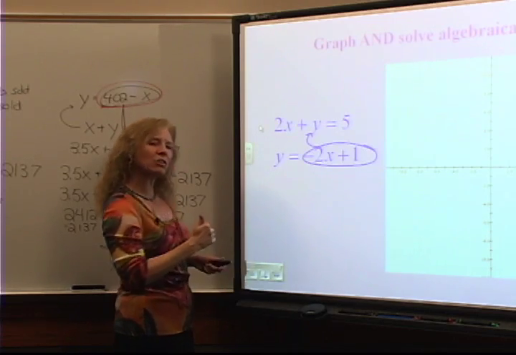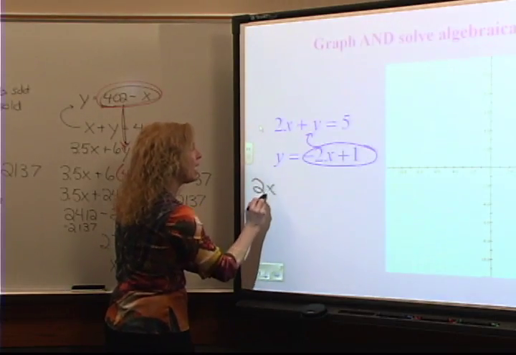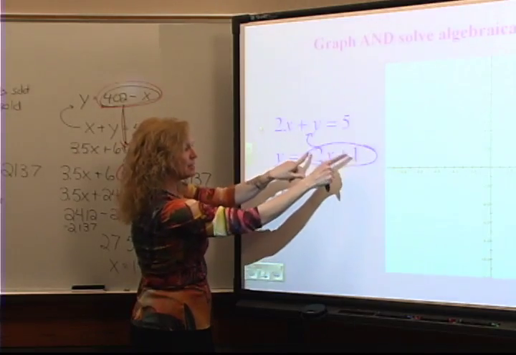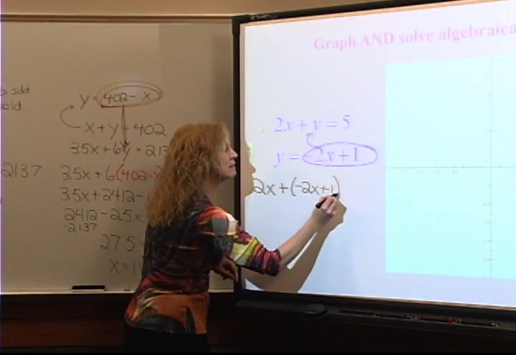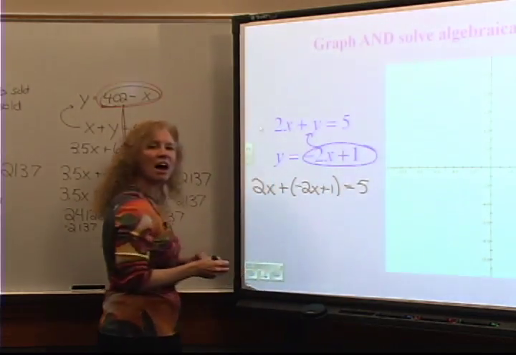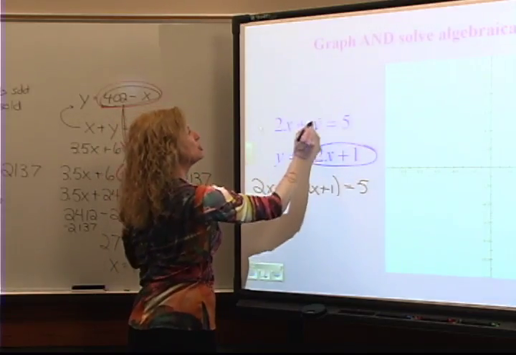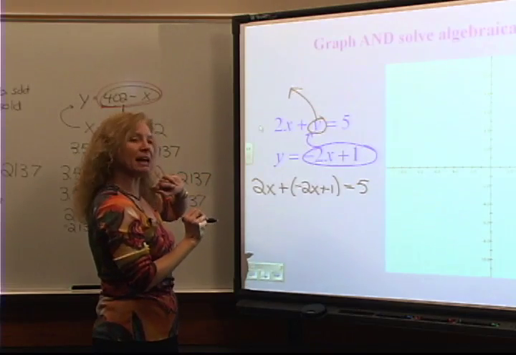So I yank the y out, and I have 2x plus, the y is gone, in his place goes negative 2x plus 1, and an equals 5. Everything else stayed put, y went out, negative 2x plus 1 went in his place.